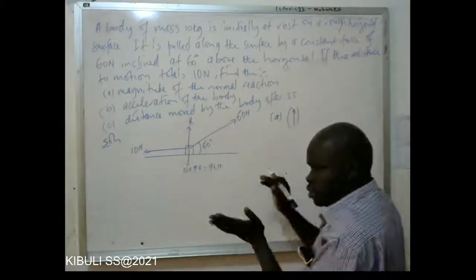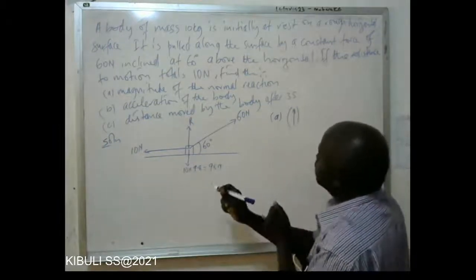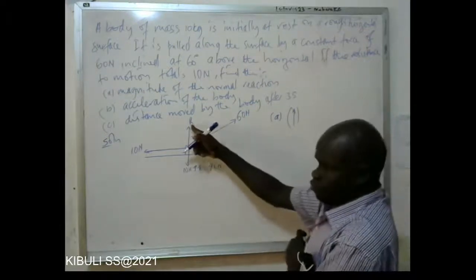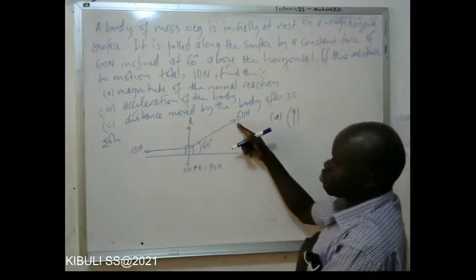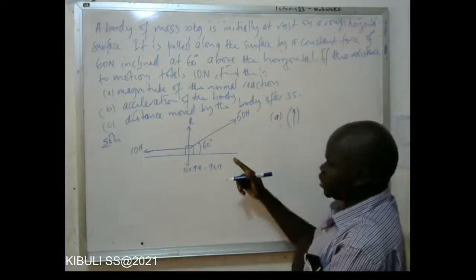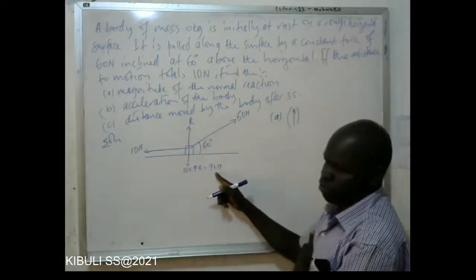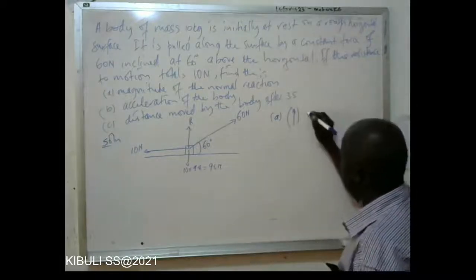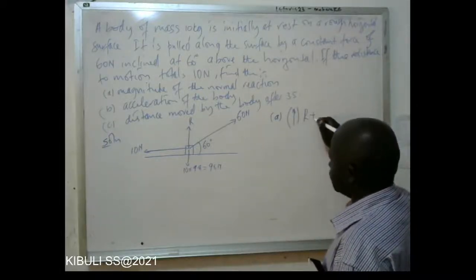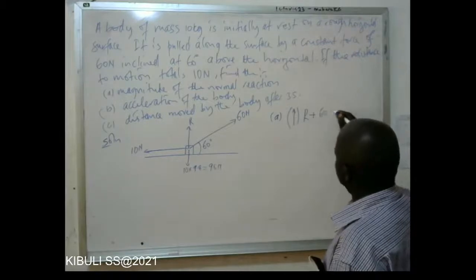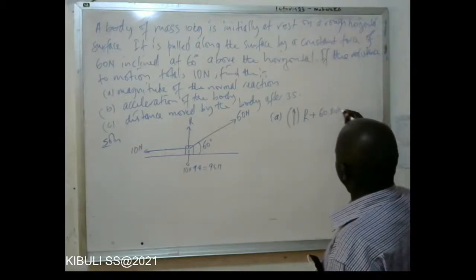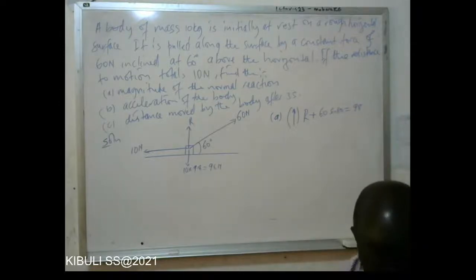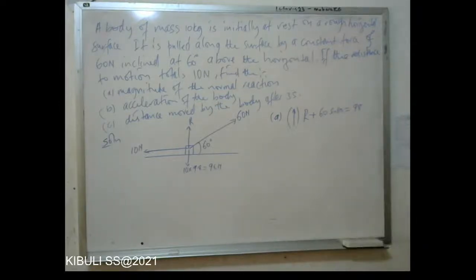So, since the system is in equilibrium, this force plus the vertical component of this force must be equal to this force, which is acting in the opposite direction. So we're going to say that R plus 60 sine 60 equals 98.